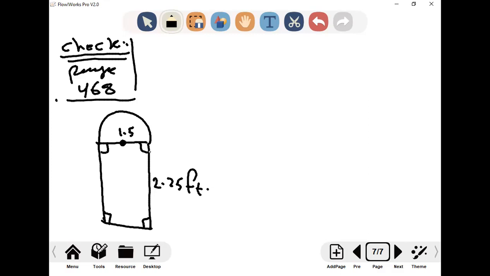We divide it by 2. So let's prepare the radius. The radius here is the diameter divided by 2, which is how much? 1.5 divided by 2 means 0.75. Right?